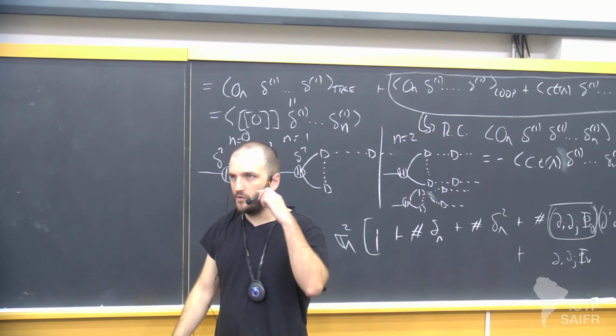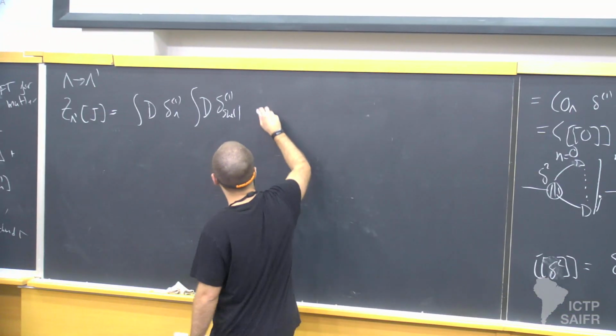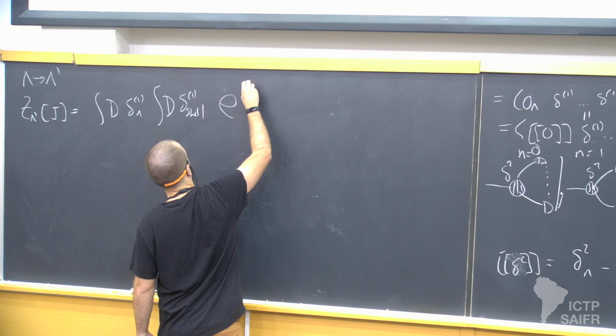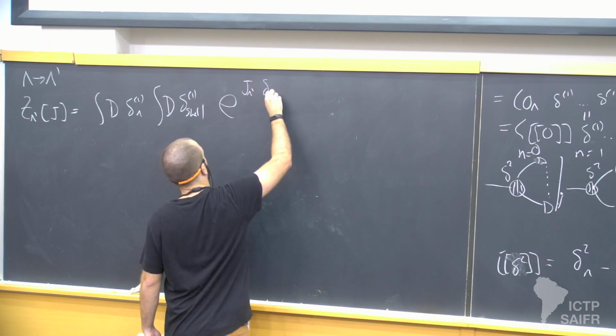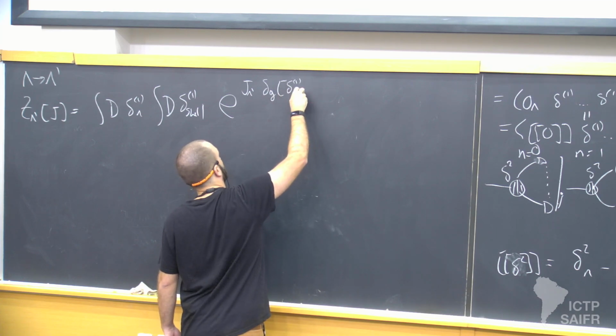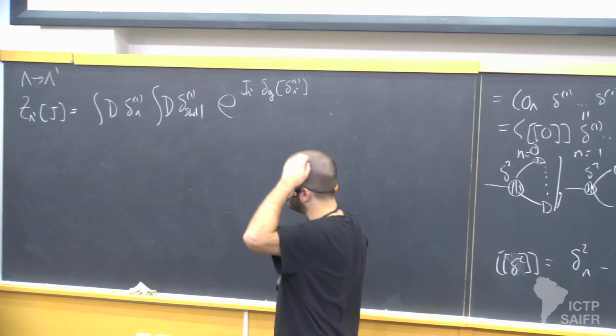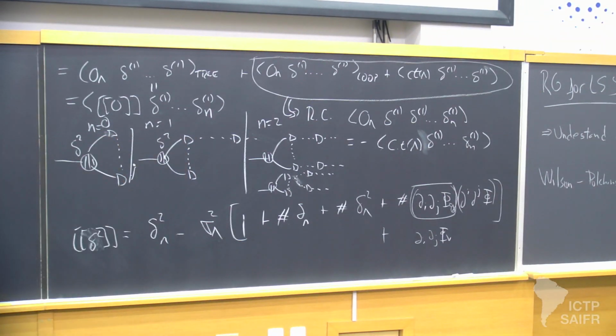I'm splitting my integral in two parts, one that lives in lambda and the other one that lives in the shell. And then here I have E of j of lambda prime delta g of delta 1 of lambda prime. Okay? I'm just splitting this part here.